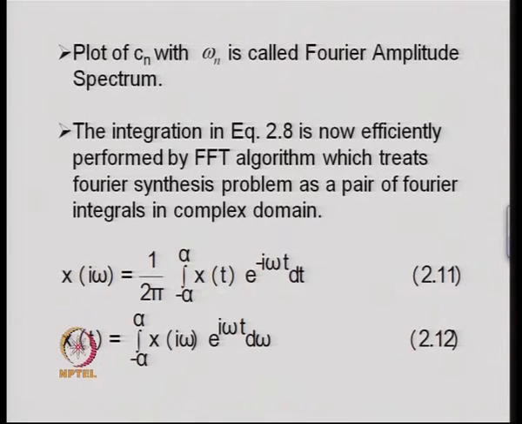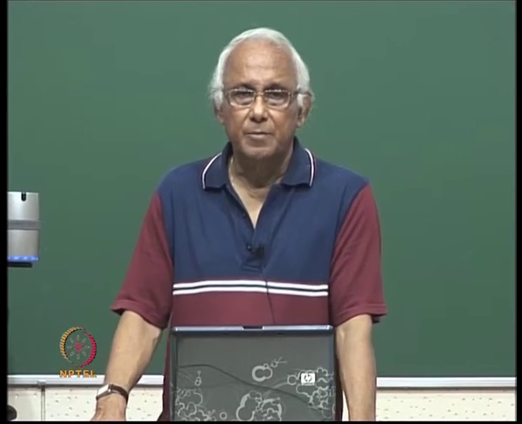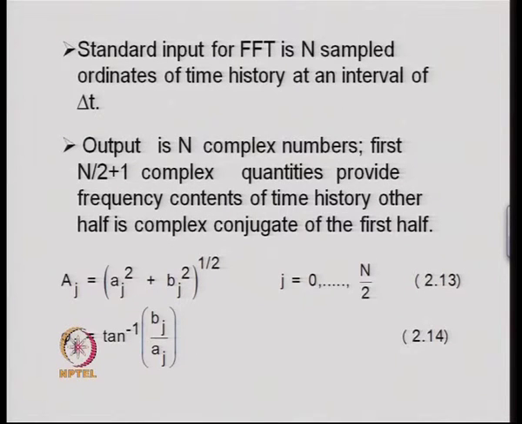So, given n values of x sampled at an interval of delta t, if we provide them into the FFT algorithm, then it will give as output n complex numbers, which are nothing but X(i omega) sampled at a frequency interval of delta omega.